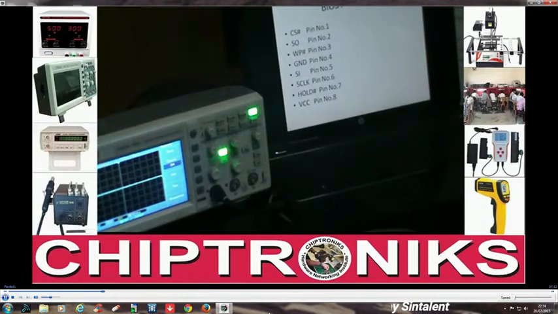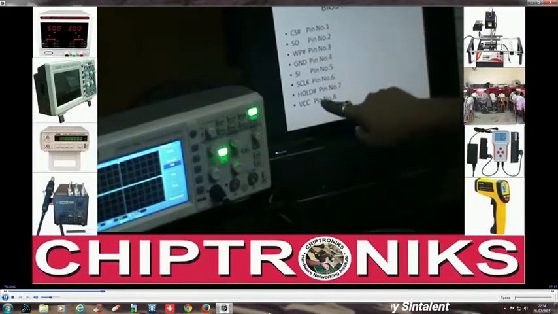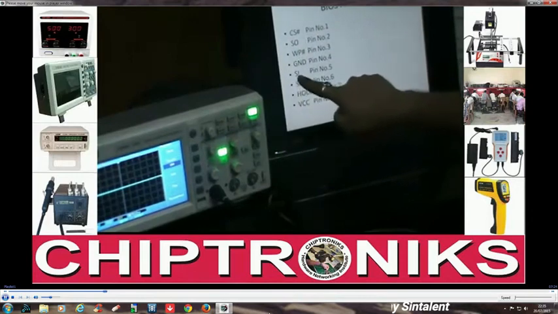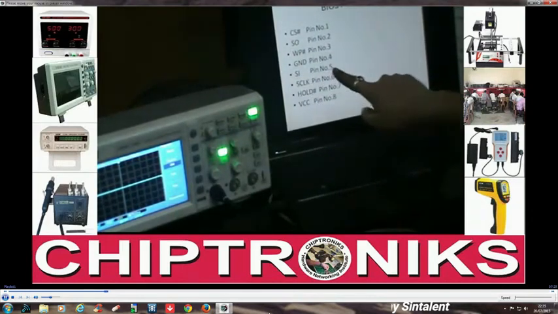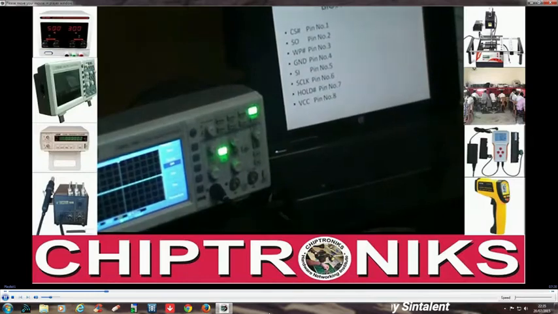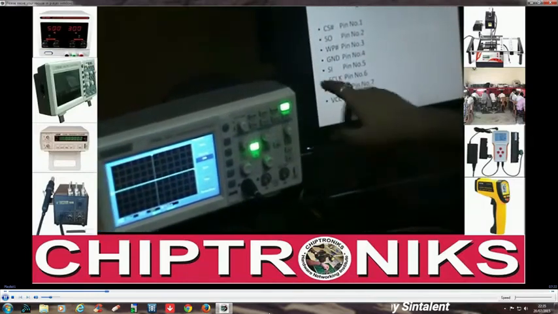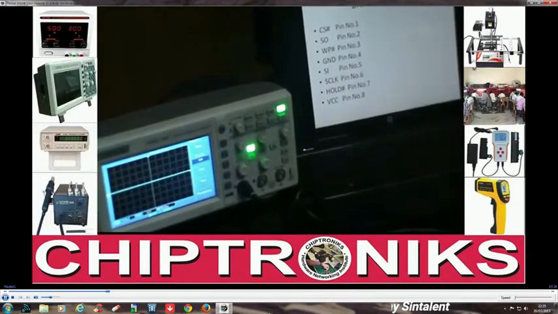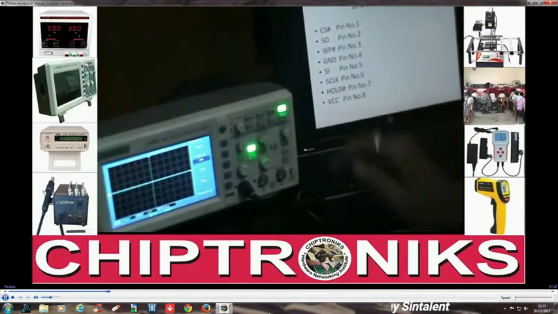Now when you receive these 3 voltages on the BIOS IC, then after that you check the signal input pin. This is actually the data input pin which comes from your IO IC, and clock pin number 6.